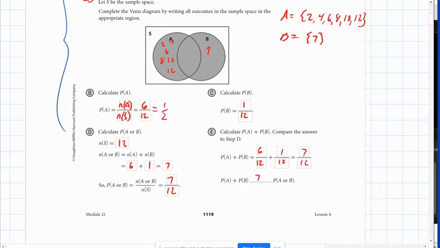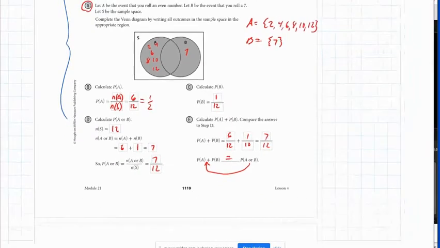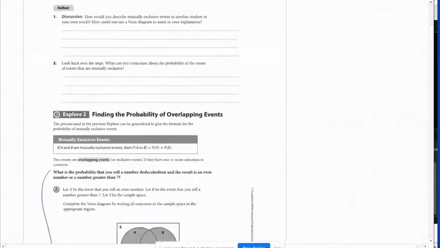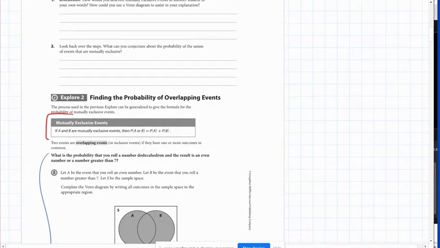So what we want to notice is that the probability of A plus B is the same as the probability of A or B. Okay, so when events are mutually exclusive, or just simply means addition. If you want the probability that event A happens or event B happens, you just add the two. And so that's what we see on the next page. When events are mutually exclusive, the probability of A or B happening is the probability of A plus the probability of B.